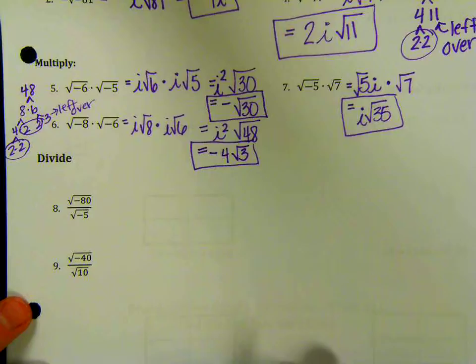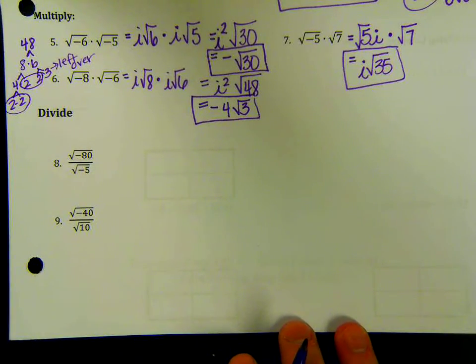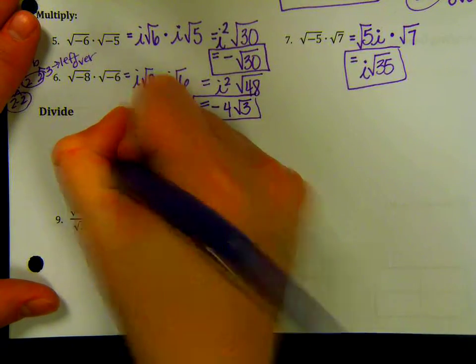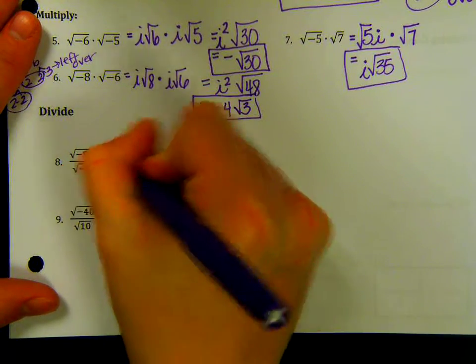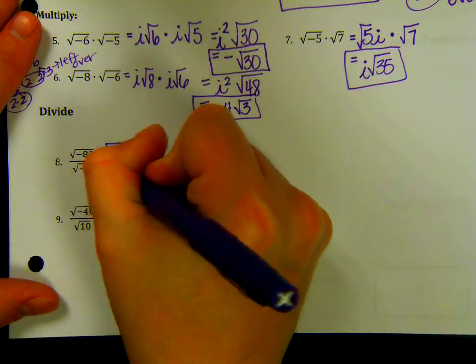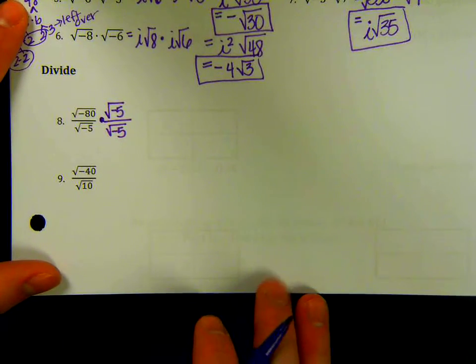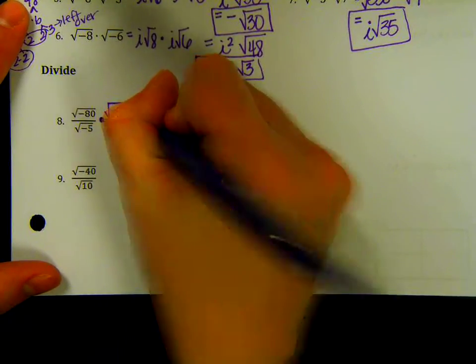So we've simplified, we've multiplied, now we have to divide. And dividing is like when we had to rationalize the denominator of the old problems. So with this one, I end up multiplying square root of negative 5 over the square root of negative 5. So this is rationalizing the denominator. We just have complex numbers involved, or imaginary numbers involved. So just like we multiplied up top, I'm going to rewrite it. So I have square root of negative 80.